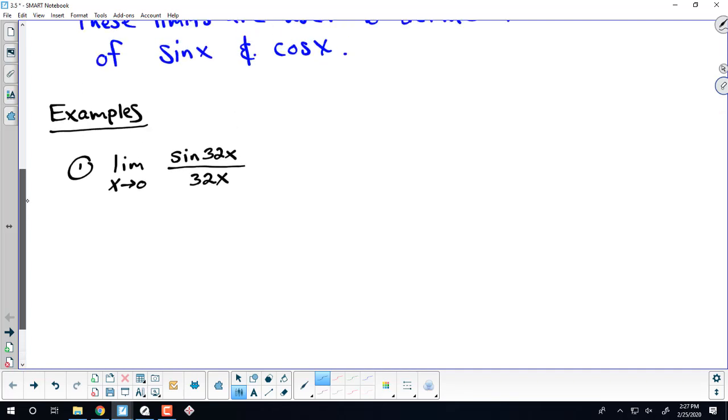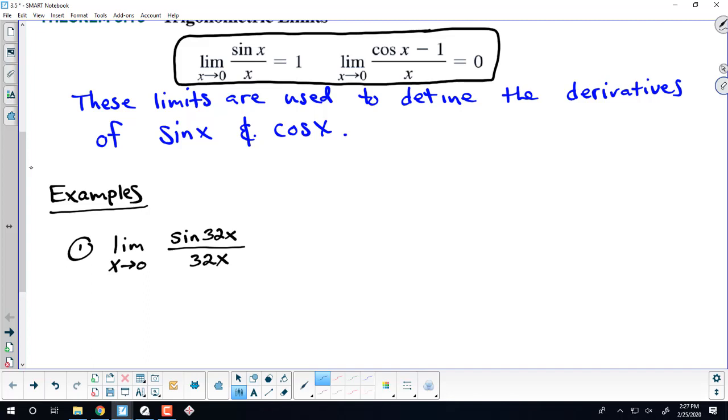When you look at these limits, the argument of sine is approaching 0, and the denominator is approaching 0. The argument of sine and the denominator are the same quantity. So that applies directly to the sine of 32x over 32x. The argument of sine is the same as the denominator, both quantities approaching 0. That limit is equal to 1.